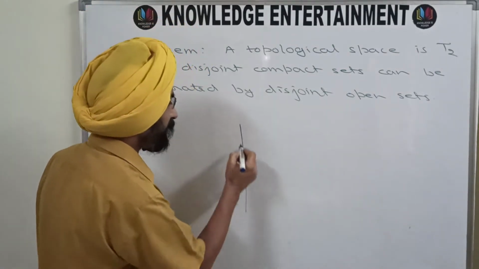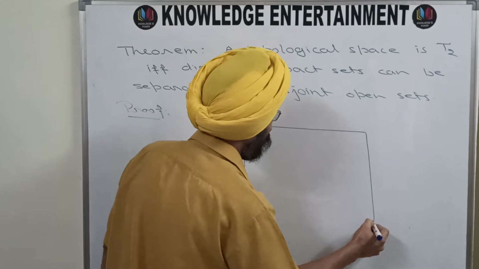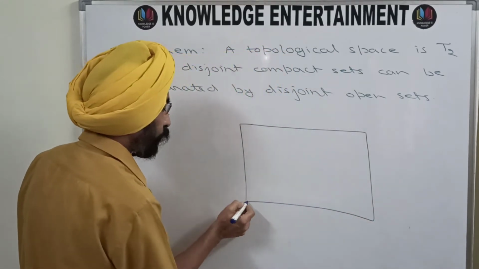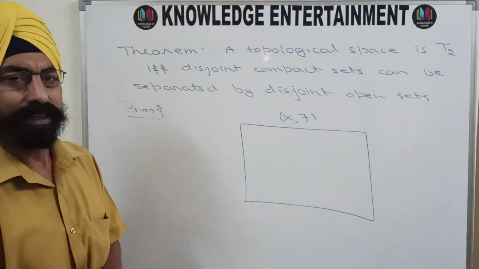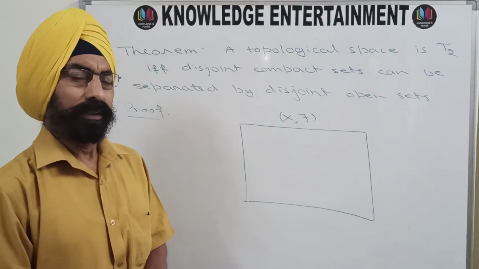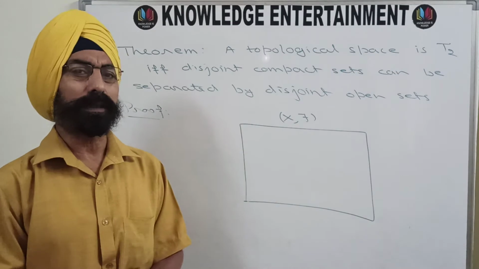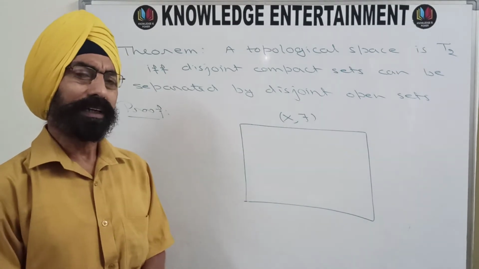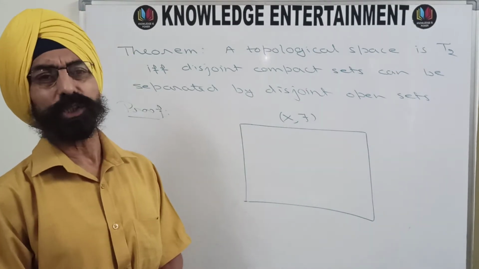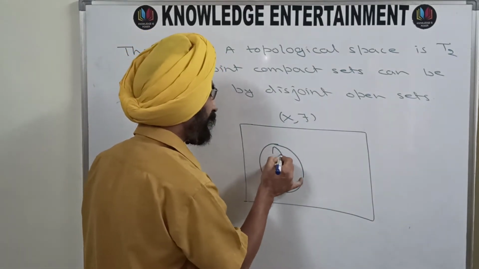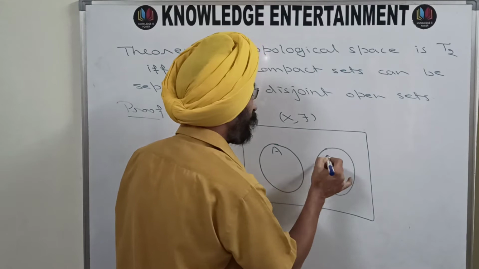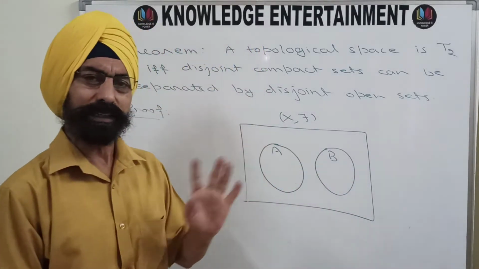So what it is saying is that we have a topological space X, and if in this topological space you have any pair of disjoint compact sets, so that means there is a compact set A, there is a compact set B, and they are disjoint.